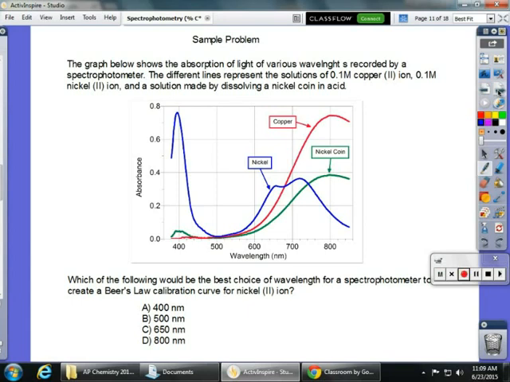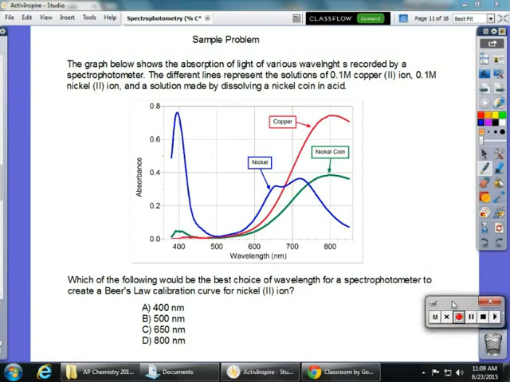And a nickel coin contains both copper and nickel metal as part of that coin, so it's going to be somewhere in between the absorbance of the two. So let's look at our question. Which of the following would be the best choice of wavelength for a spectrophotometer to create a Beer's Law calibration curve for nickel 2 ion? So take a second.